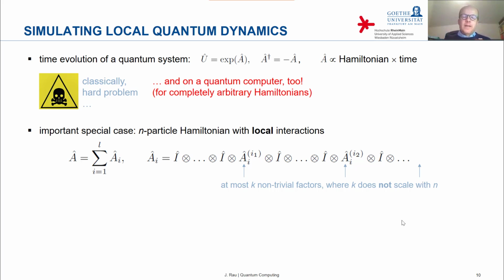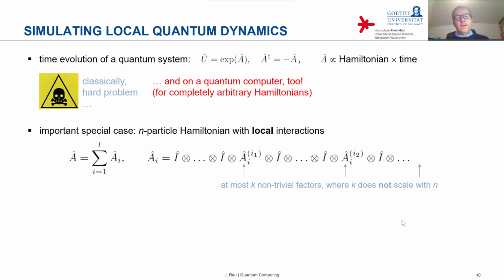Now I say that the interaction is local if in such a contribution the number of non-trivial factors is at most some k, some upper limit k, where the k in turn does not depend on the total number of particles in the system.